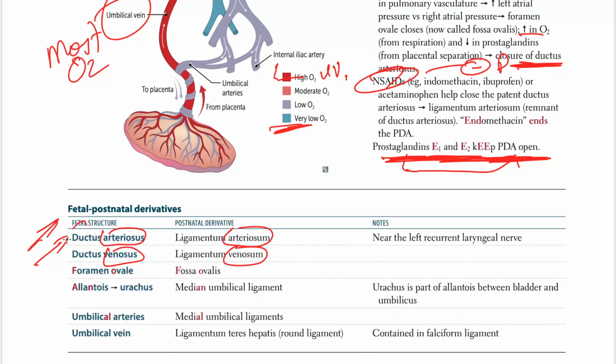And ductus in the fetal structure is going to give you ligamentum, meaning ligament. So ductus arteriosus becomes ligamentum arteriosum. Ductus venosus becomes ligamentum venosum.